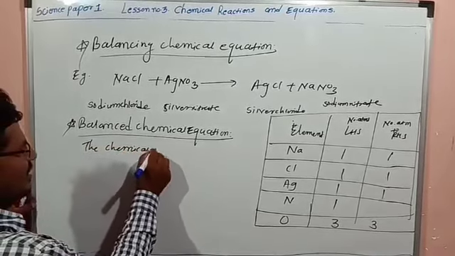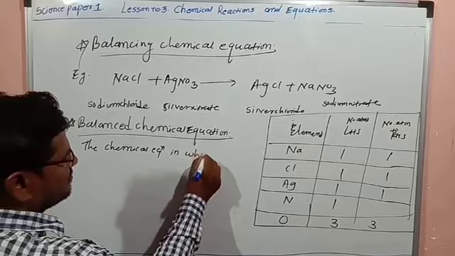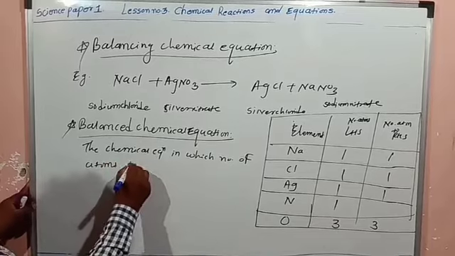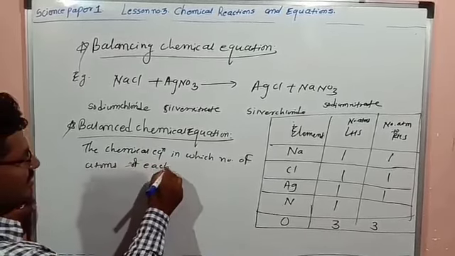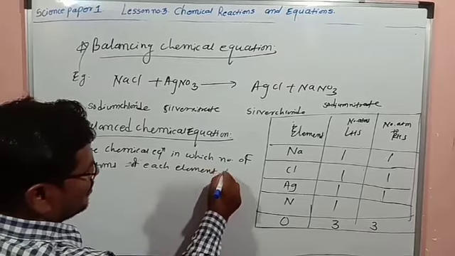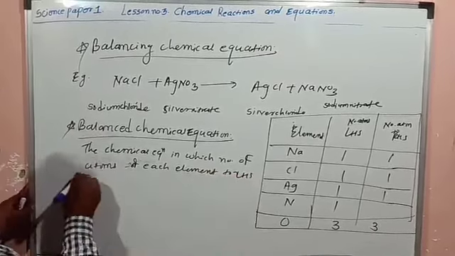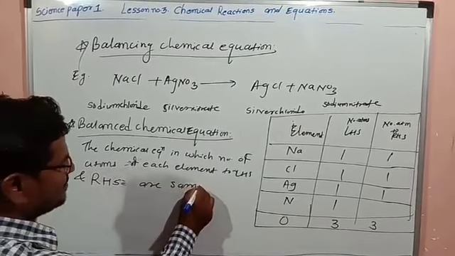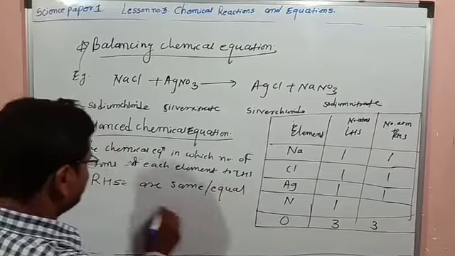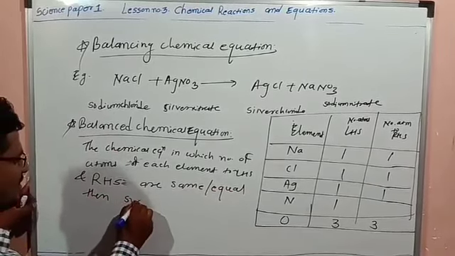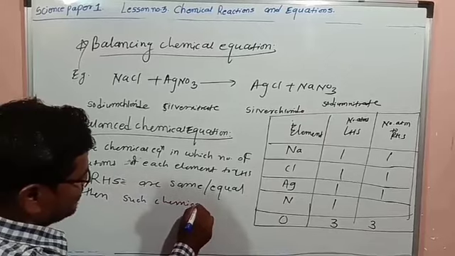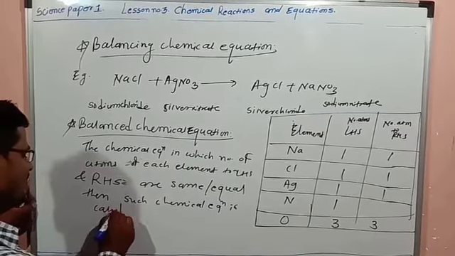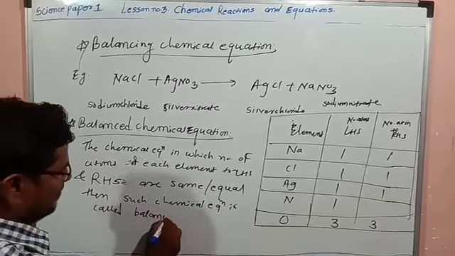The chemical equation in which number of atoms of each element to the LHS and RHS are same or equal, then such chemical equation is called balanced chemical equation.